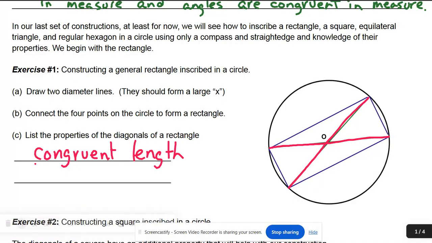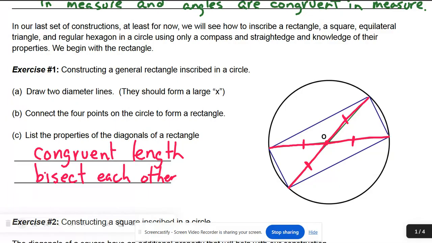They also bisect each other. That'll be important as we go through the year. Seeing they both go through the middle, it means this side is the same length as this side, and this side is the same length as that side.